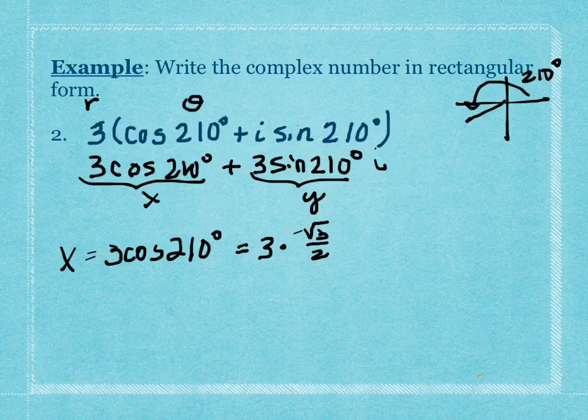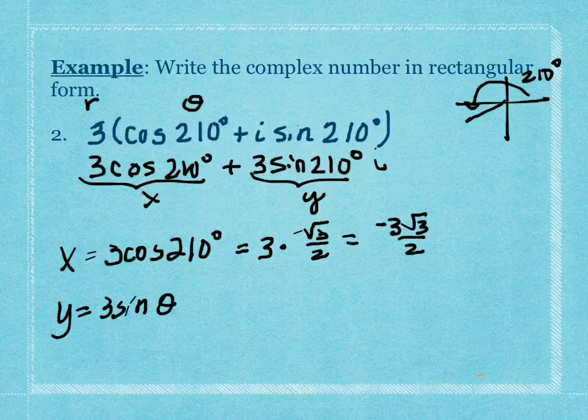And then we would simplify that, of course, to negative 3 square roots of 3 over 2. We do the same thing with y. Y is 3 sine of theta, and theta is 210 here. So this is 3 times the sine of 210, which is negative 1/2. So this is negative 3/2.